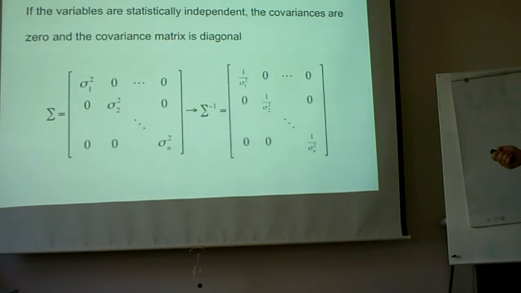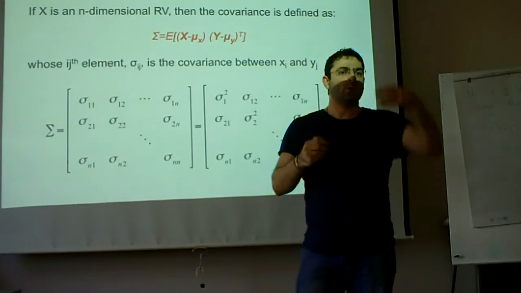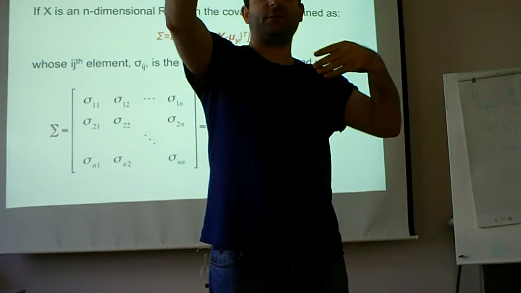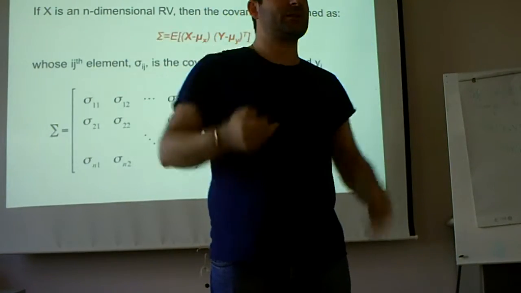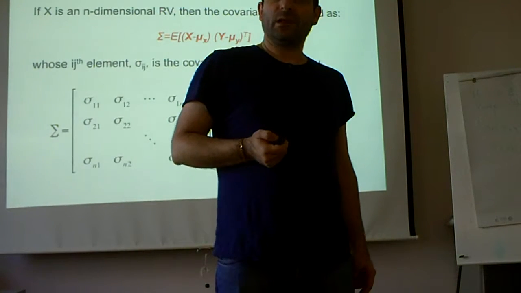Here we continue by talking about what will happen if the random variables are independent. Now, what will happen if random variables are independent? In other words, xi and xj. If they are independent, what is the covariance value? It's 0.